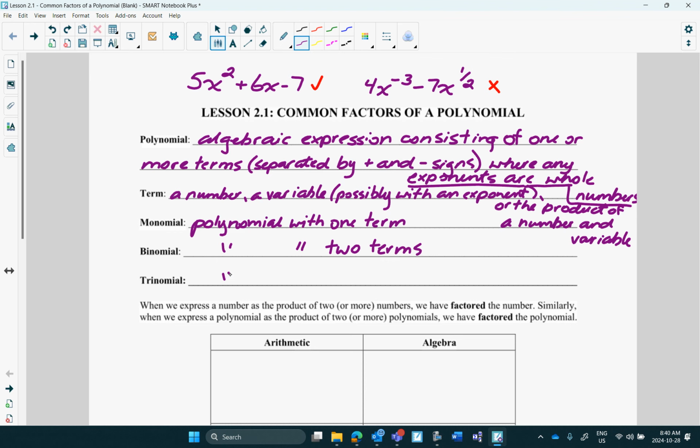And it only makes sense that a trinomial would have three terms. So we're going to be throwing around these words a fair amount: polynomial, term, monomial, binomial, trinomial. Again, you should just be familiar with what I'm talking about when I refer to them.